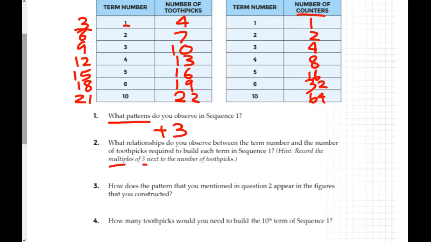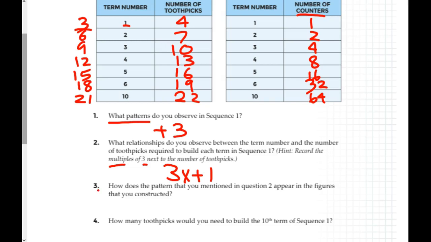Plus 1, 16. Okay? So that's going to be our rule. 3x plus 1. Or 3n plus 1. Sometimes you use n instead of x. Either way, it's a variable, right? 3 times the term number, adding 1. So you see how that works, right? So if you know the multiples, if you know it's adding by 3 each time, just figure out if you need to add or subtract from that, okay?